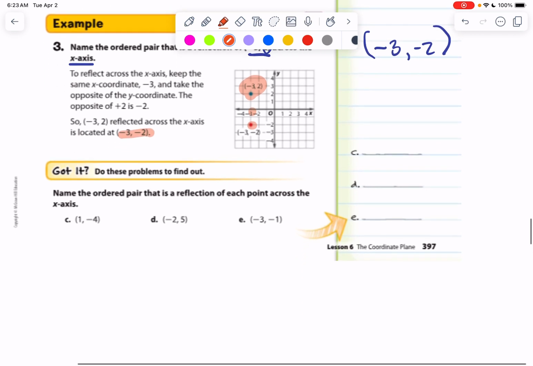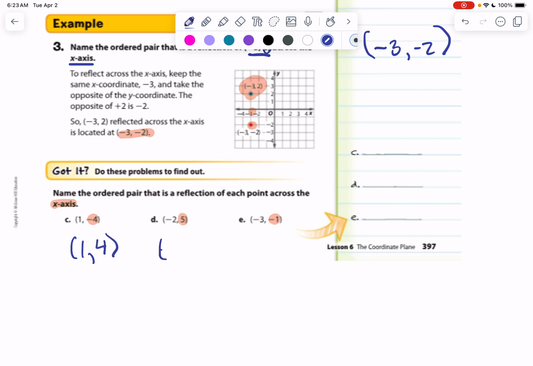Okay, let's try some. Name the ordered pair that is a reflection of each point across the x-axis. So if we're reflecting across the x-axis, we are changing the y-coordinate. Okay? All right. So this one would be 1, 4.